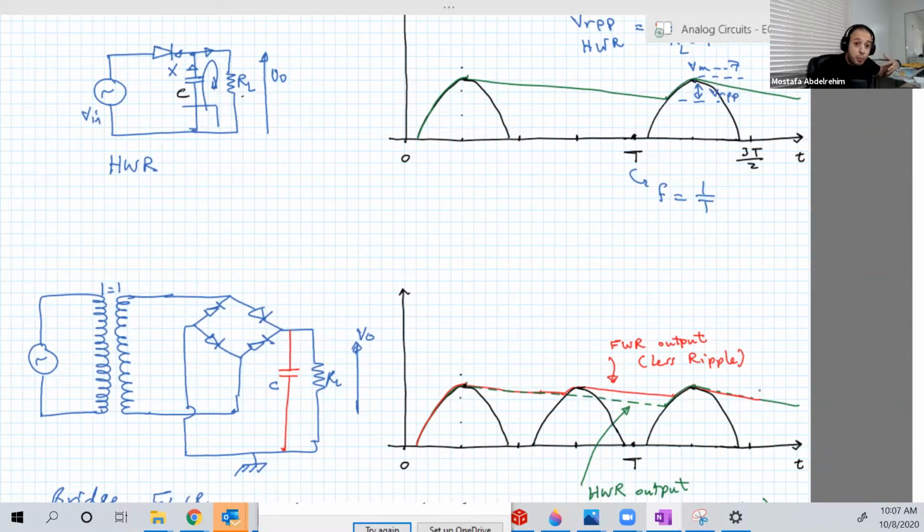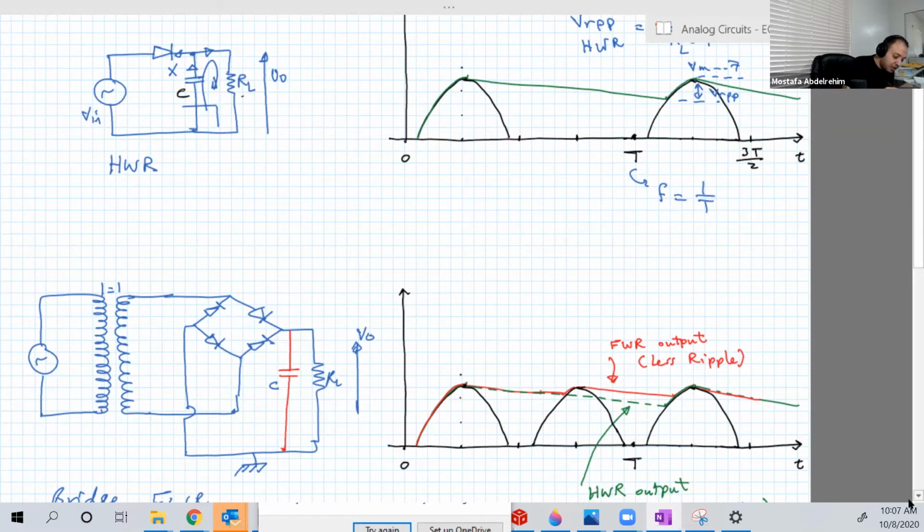And if you want to compare it to the half wave, you can just draw on exactly the same plot that for the half-wave rectifier the output will continue. The capacitor will not recharge at that point. It will continue until another point which is lower, so the ripple is bigger. That's a very, very simple comparison between them.